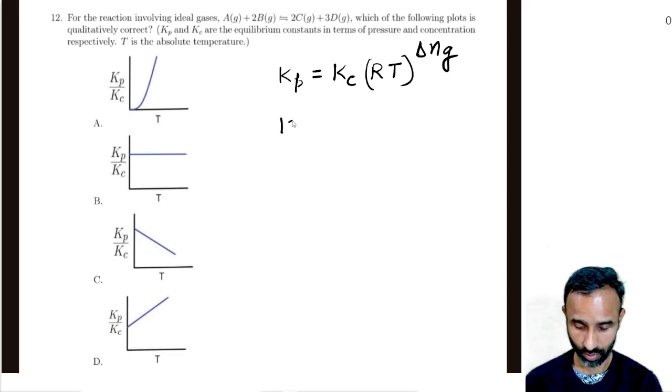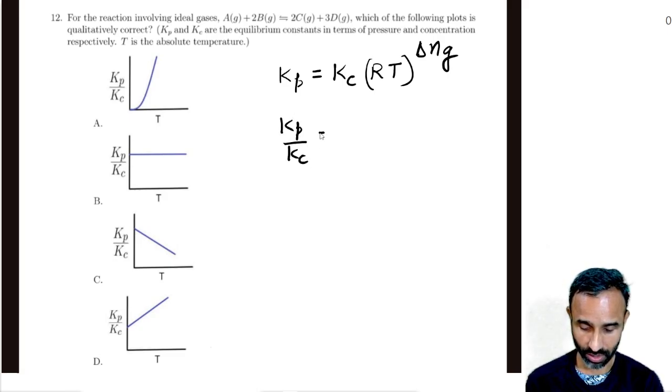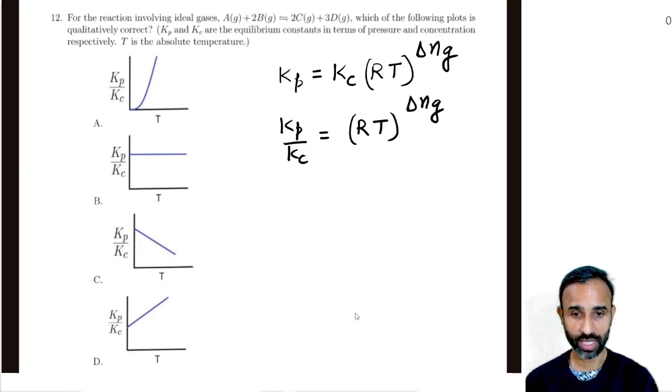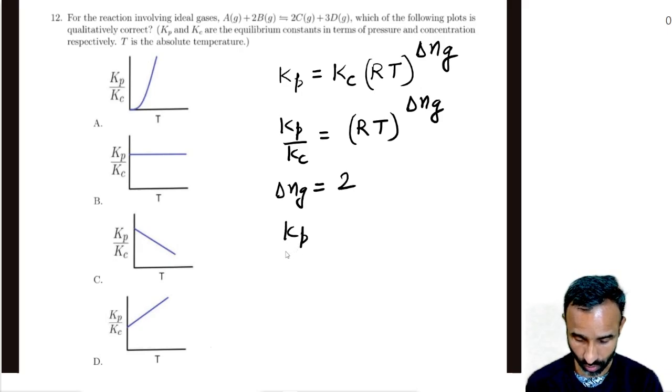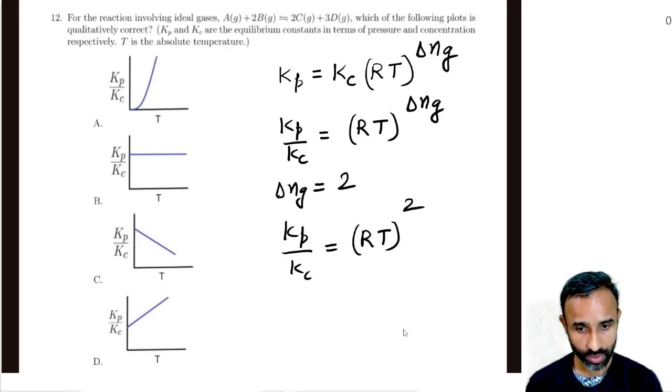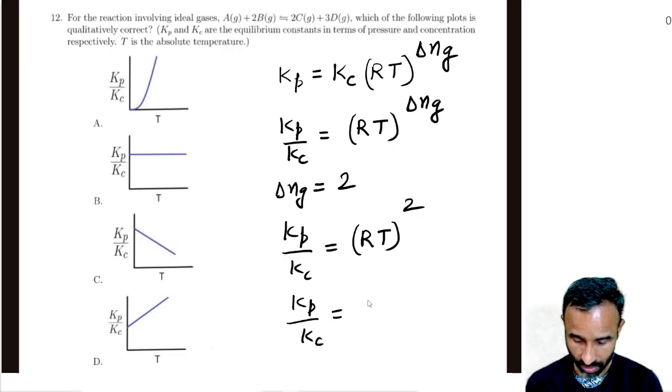So Kp by Kc is equal to RT raised to power delta Ng. Now what is delta Ng here? Delta Ng is 2. So Kp by Kc is equal to R square into T square.